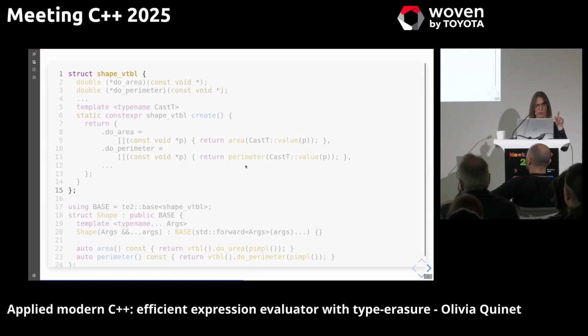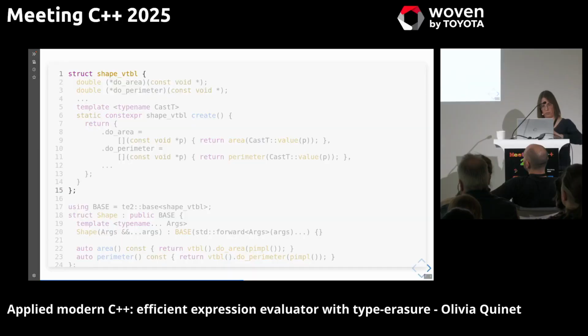So for example, if you go back to the shape example, instead of writing all the code before, which can be something like 80 lines of code, you just have this screen. So the shape VTBL with two methods.